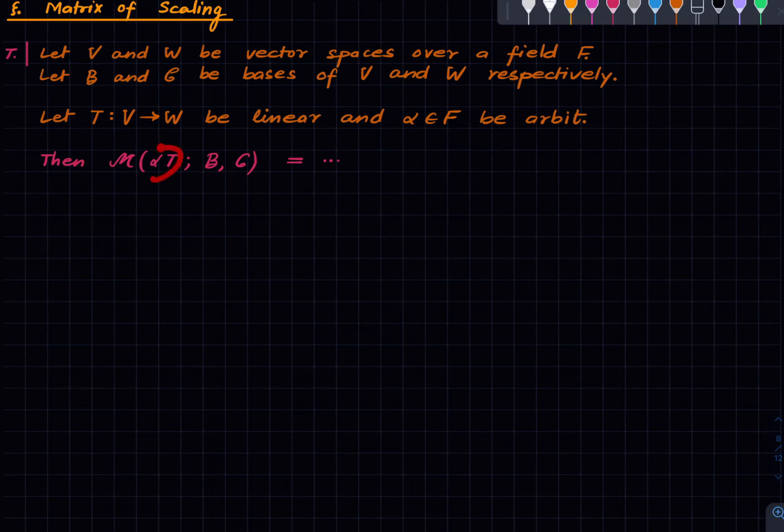Then the matrix of the scaled linear map with respect to the chosen bases is the scaled matrix with respect to the chosen bases. This is again an exercise. Please do not skip these exercises. This will make you comfortable with matrices and generally teach you about linear maps.